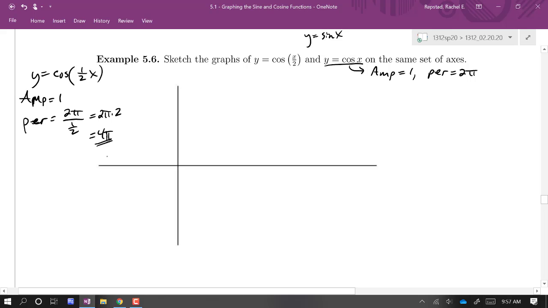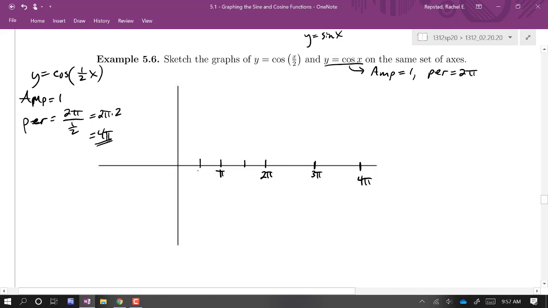So when I mark out my period, I have to accommodate the longest period, so I'm going to go out to 4 pi. The period of just cosine x is 2 pi, so I'm going to cut that up into quarters.